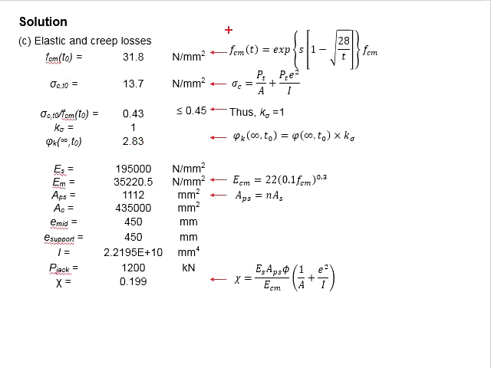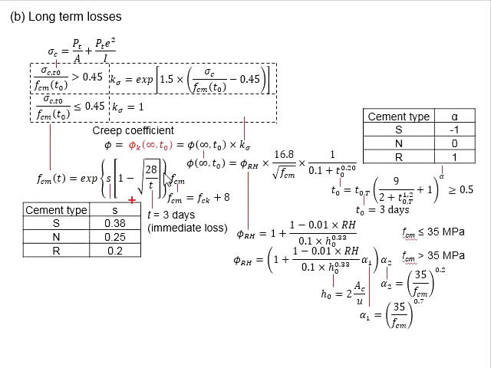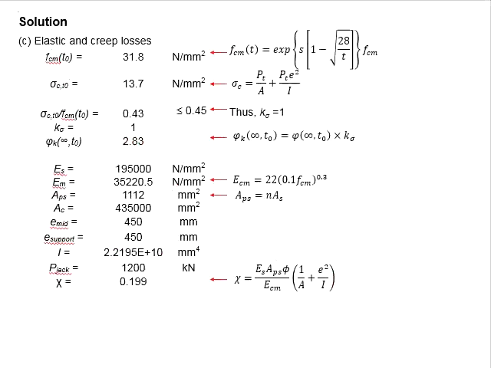The fcm t naught here is determined from the equation here. The t here represents 3 days when transfer is done, and the s here will have to refer to a table. Type R is being used, therefore the s will equal 0.2. Substitute into the equations, you get 31.8.